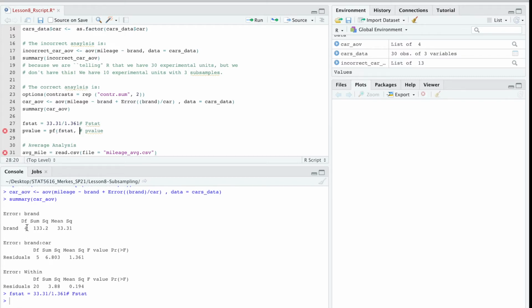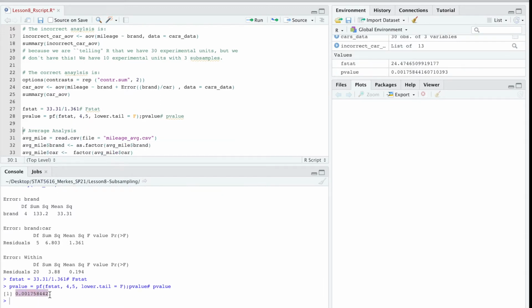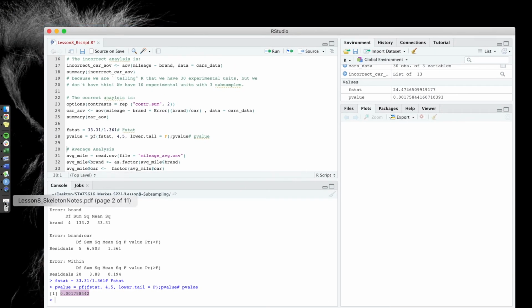Then we need to input our degrees of freedom. Our degrees of freedom for the numerator is 4, coming from right here. Our degrees of freedom for the denominator is 5, coming from right here. And then we want the lower tail to be false. We can run this, and we'll notice that we get the same p-value as our JMP users.